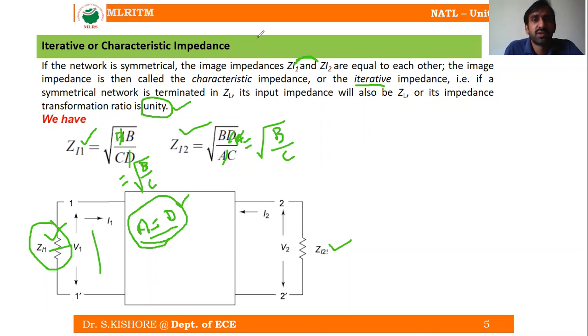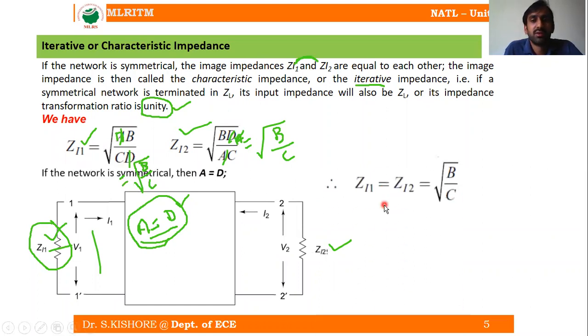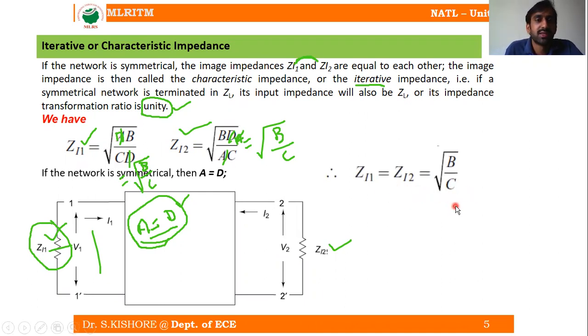So the expression is the iterative impedance equal to root over B by C, that is, Zi1 equal to Zi2 equal to root over B by C. This is what we get as the iterative or characteristic impedance.